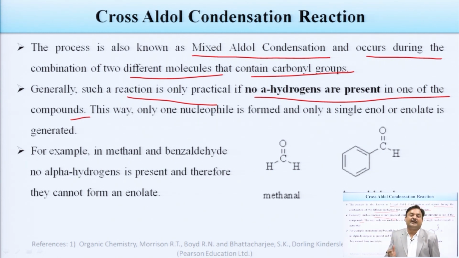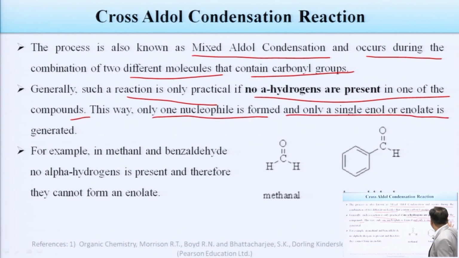Generally, this reaction is possible when, out of the 2 different aldehydes or ketones which we are using, one does not have any alpha hydrogen, then it is very easy to perform cross aldol condensation reaction. This way only one nucleophile is formed and only a single enol or enolate is generated.